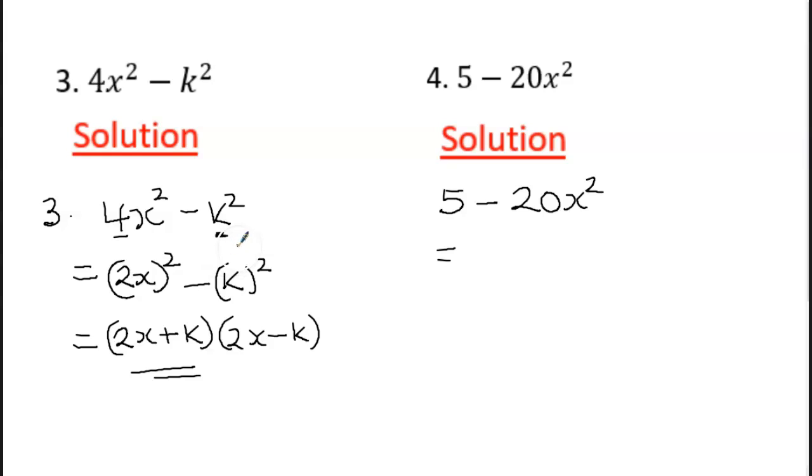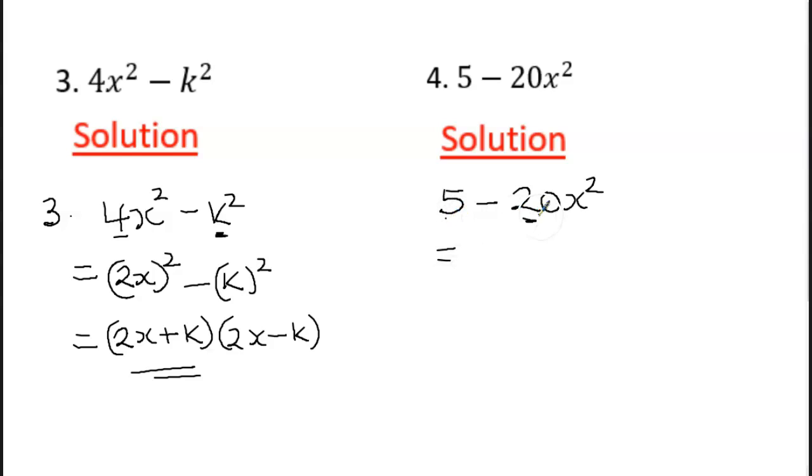The examples that we have gone through so far, all the terms were perfect squares. So when some of them are not perfect squares, you ask yourself, can I factorize first? Use common factor to factorize first. So we have 5 here and then 20.